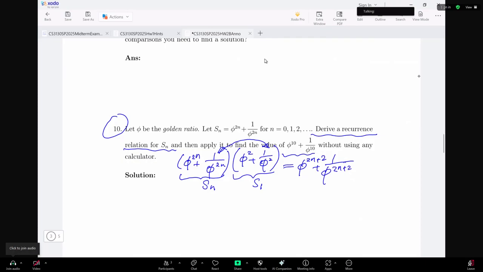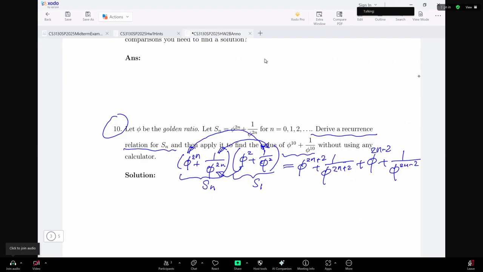Then phi to n multiplied by this number. That is phi to the 2n minus 2, right? Then the last term, phi to the 2n minus 2.